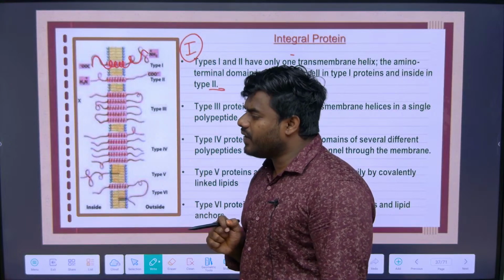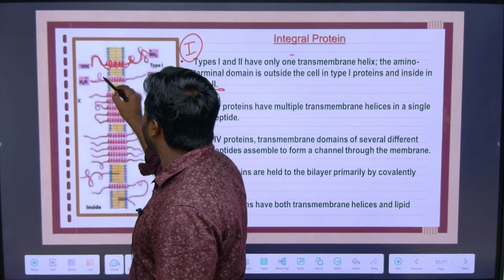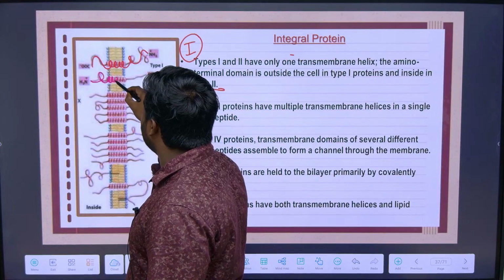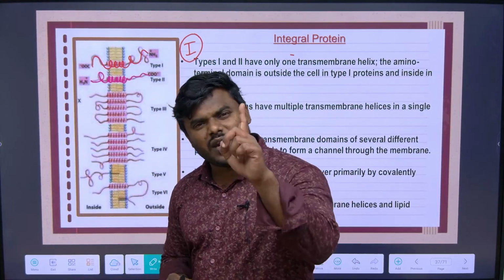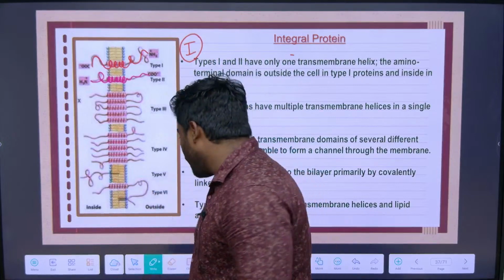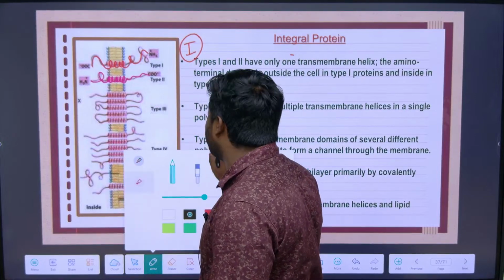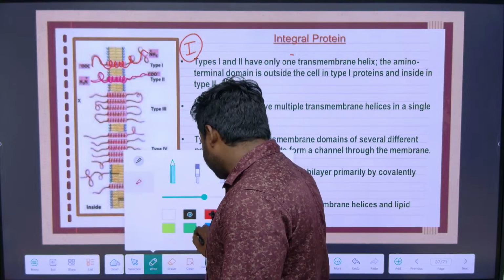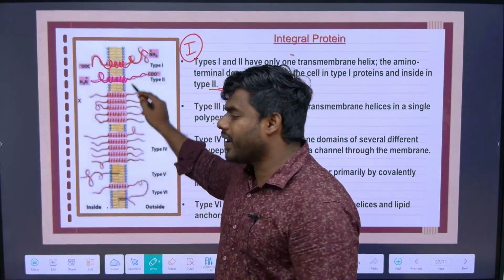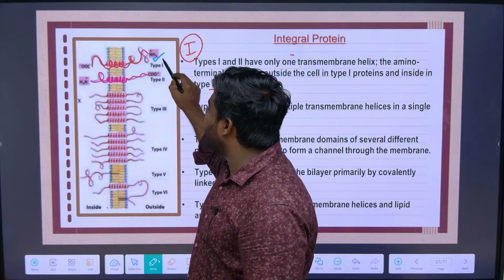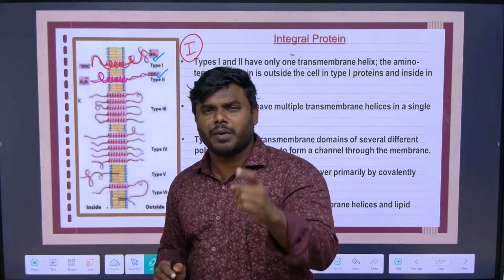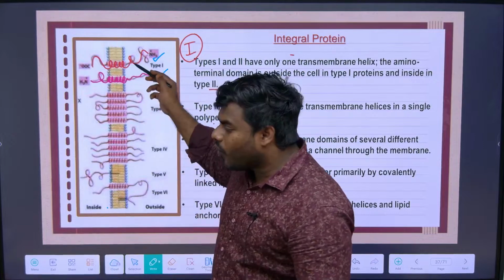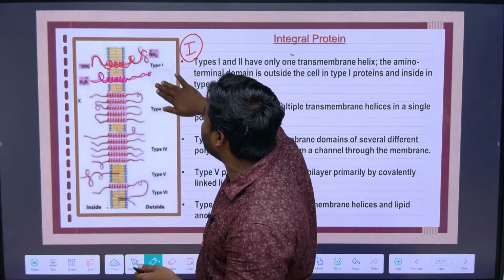When you observe the type 2 integral membrane protein, it also transpans the plasma membrane only one time. Now here every student has to answer me. If both type 1 and type 2 integral proteins are transpanning the plasma membrane only one time, then what is the difference between the type 1 and type 2?